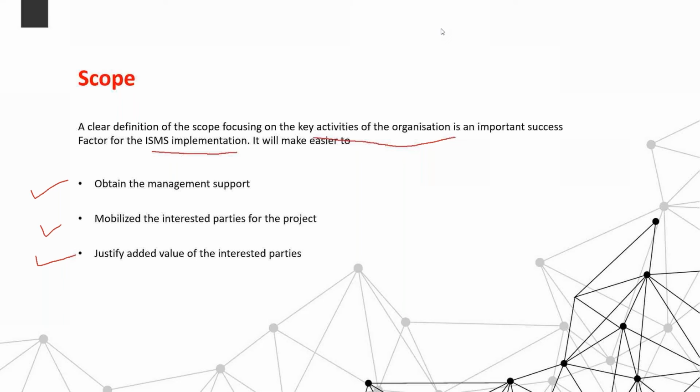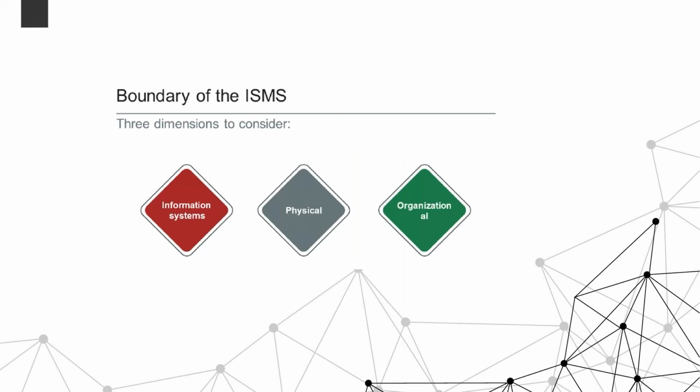So when I'm talking about boundaries of an ISMS, boundaries for information system, physical, and for an organization, there are three dimensions that need to be considered. First is your information system boundaries.